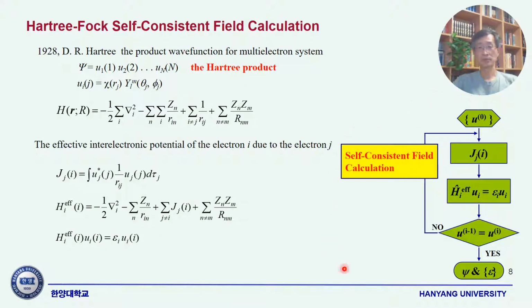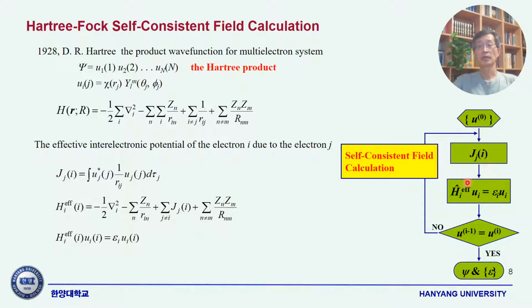That is described in this flow chart here. Firstly, you make an initial guess, assuming certain molecular orbitals for each electron, and then you obtain this Coulomb integral for electron i due to electron j.